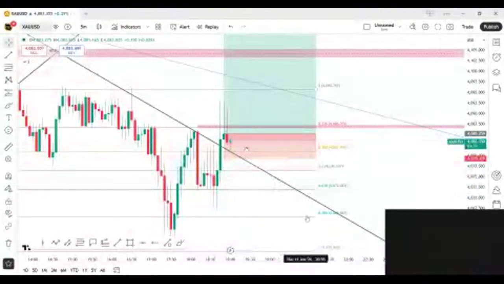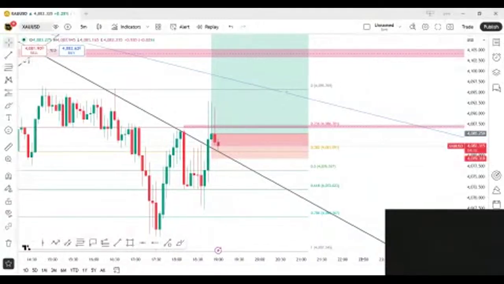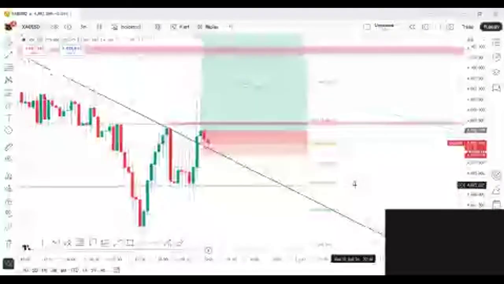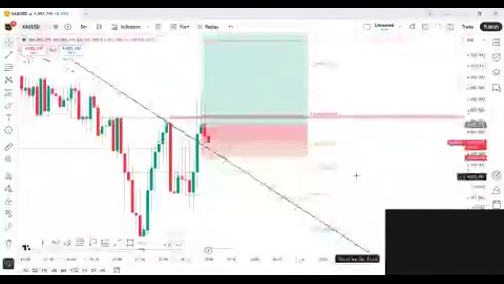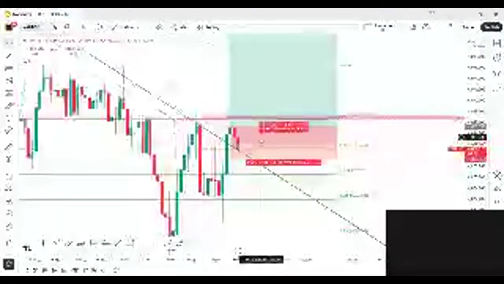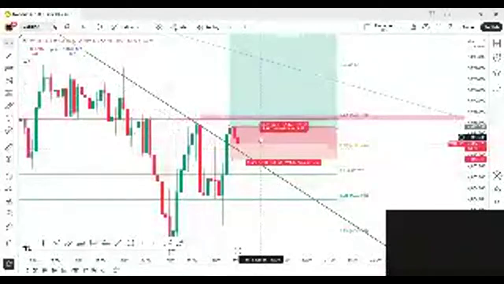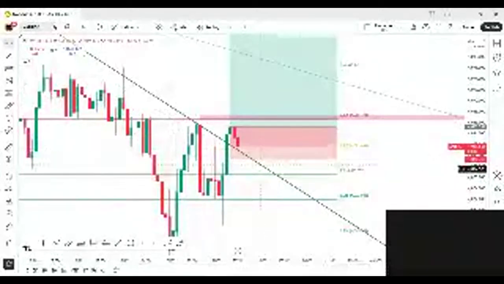This is what the market usually does with people. Sometimes we need a lot of patience, and sometimes you are thinking one thing and the market behaves differently.